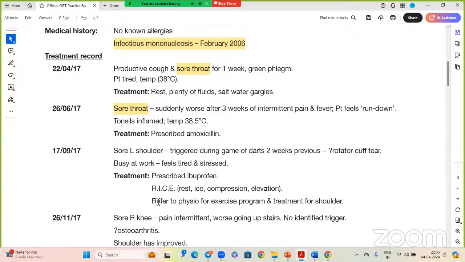So he is referred to a physiotherapist. For what? For exercise program and treatment of the shoulder.